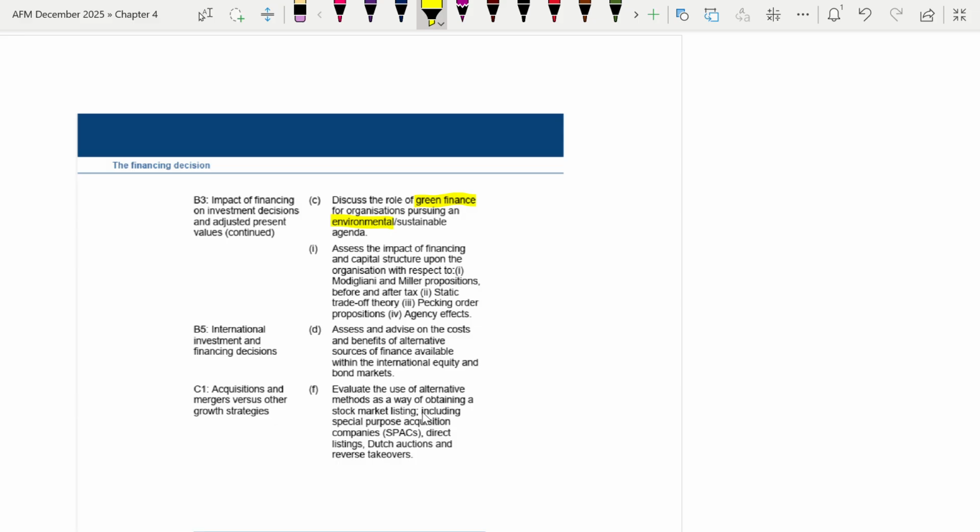Then we are talking about financing the capital structure of the organization. There are different approaches: the Modigliani Miller propositions, before and after tax; the static trade-off theory; and the pecking order theory.